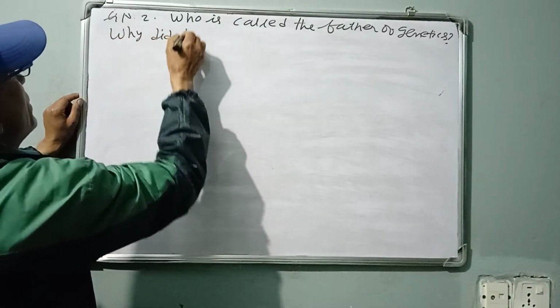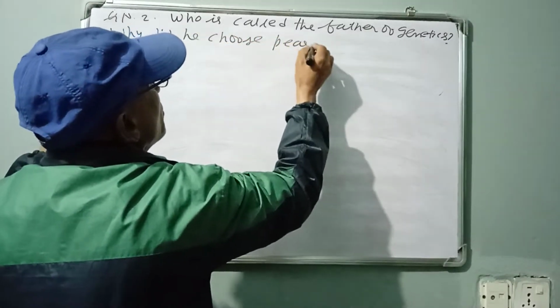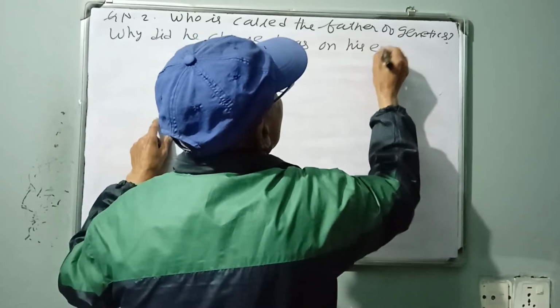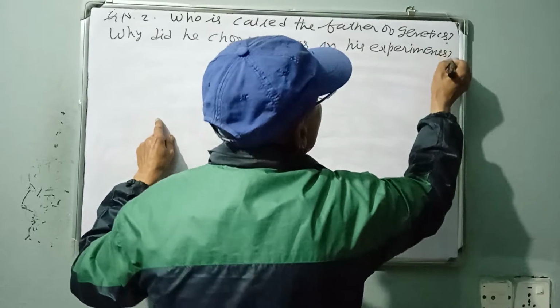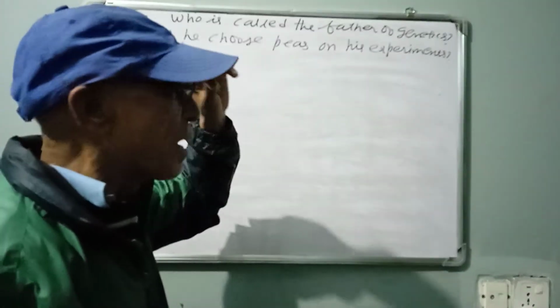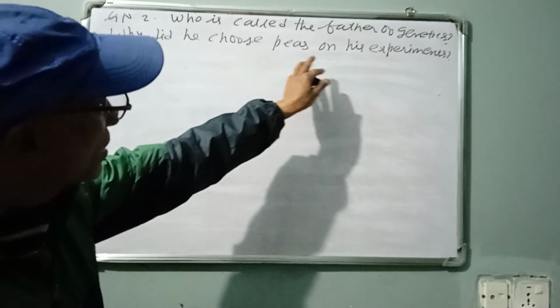Why did he choose peas for his experiment? Why didn't he choose other plants and animals, such as frogs, fishes and other animals?